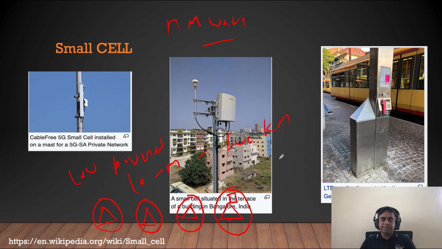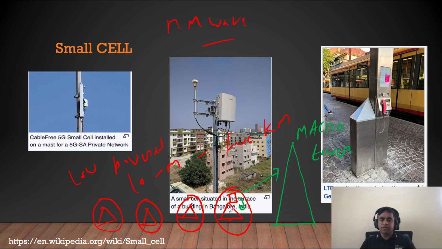Then we have this macro tower. So with the dual connectivity, this endpoint is connected here as well as to this macro tower for any control plane connectivity.